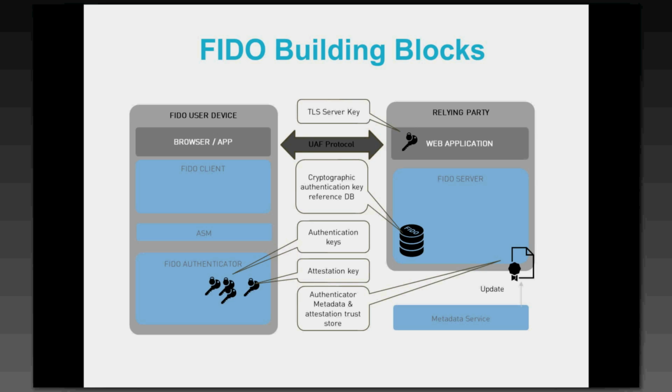Now, in most cases, there is an alternative PIN. So if the biometric method consistently fails, the user can enter the alternative password or alternative PIN to that authenticator and then use that to unlock the key, essentially.